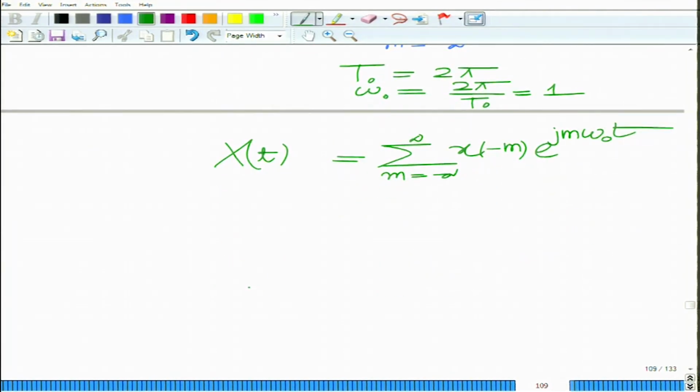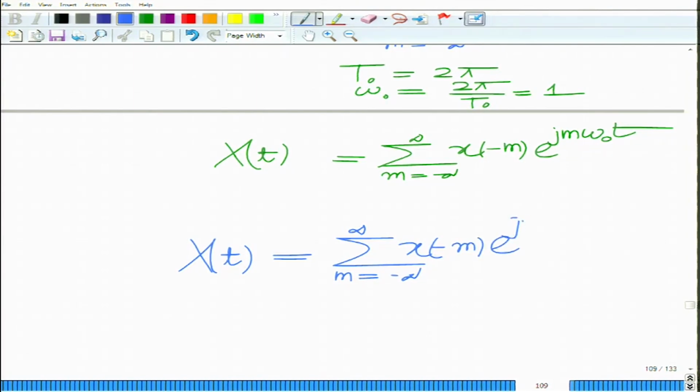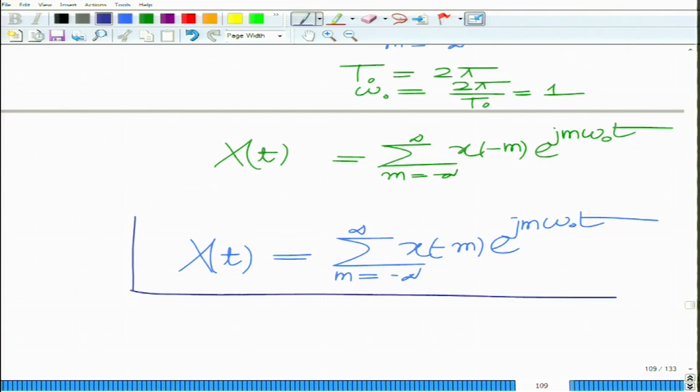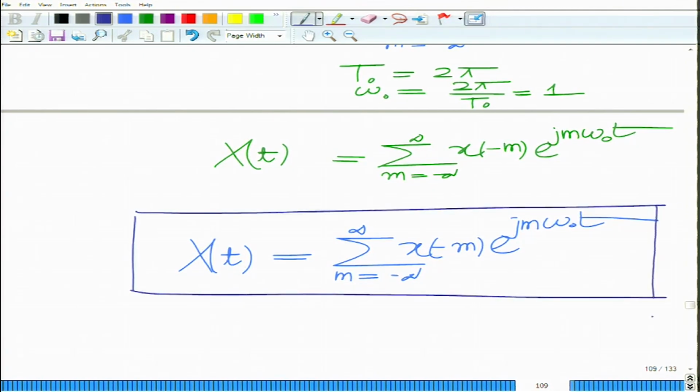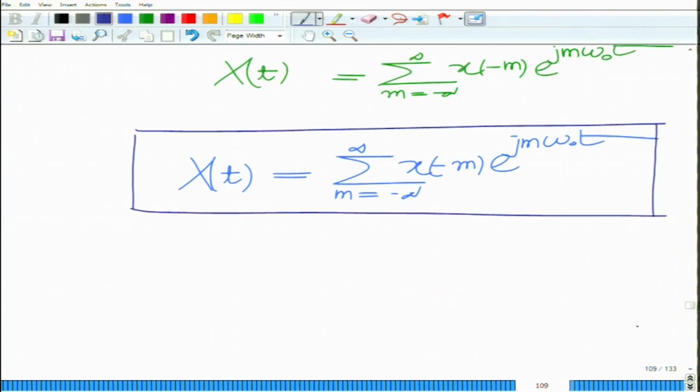And now you can see we have the complex exponential Fourier series for x of t. So, I can write it as e raised to j m omega naught t, and you can see this is the complex exponential Fourier series, because you are expressing x t as a linear combination of an infinite number of complex exponentials at the fundamental frequency omega naught and its harmonics.